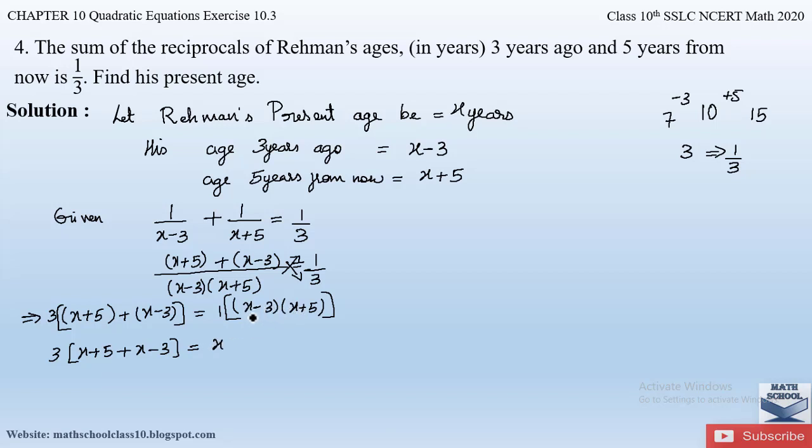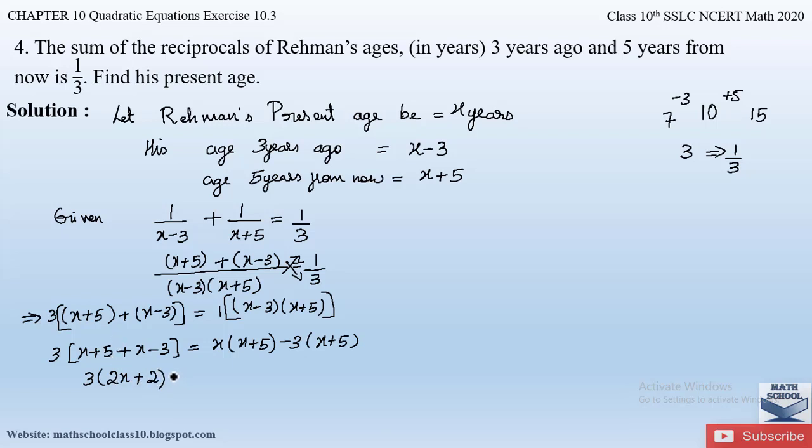Multiply first term x with x plus 5 and then minus 3 with again x plus 5. If you simplify inside the bracket, you will get x plus x, which is 2x, and 5 minus 3 will be plus 2, since the greater number's sign should be taken, which is plus here.